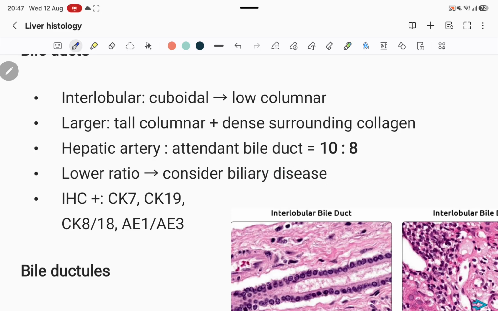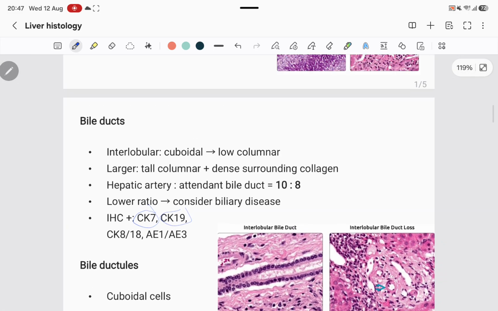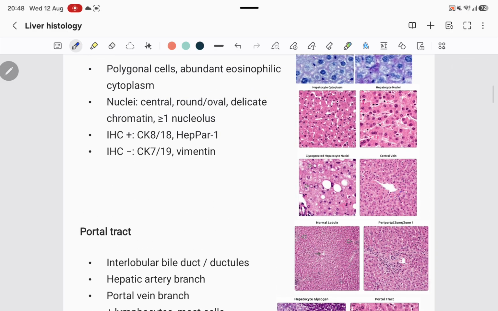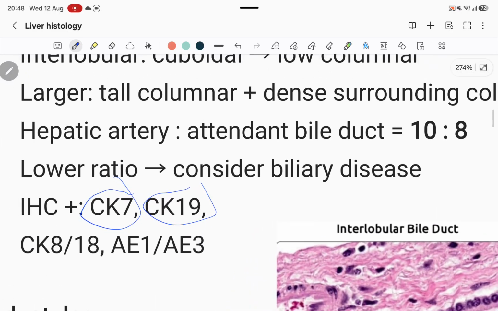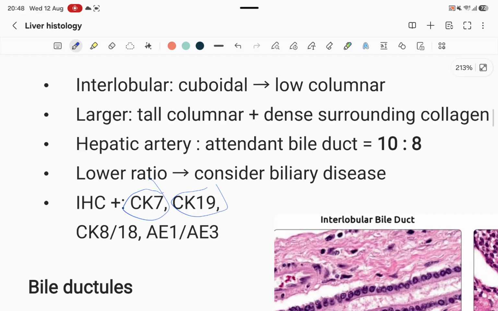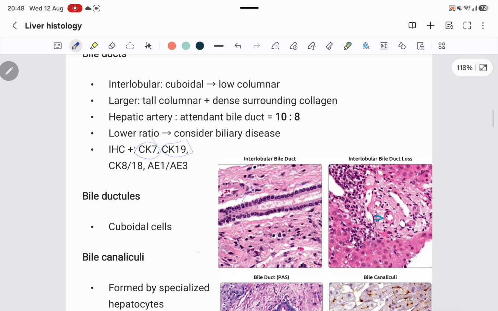The CK7 and CK19 come here, and if you remember, they were negative before. So be aware that this is not metastasis from the colon. This is the bile duct, and its cells are going to be stained with CK7 and CK19.